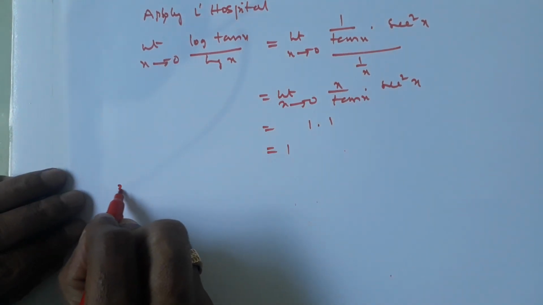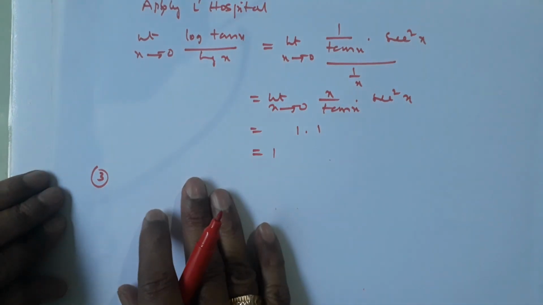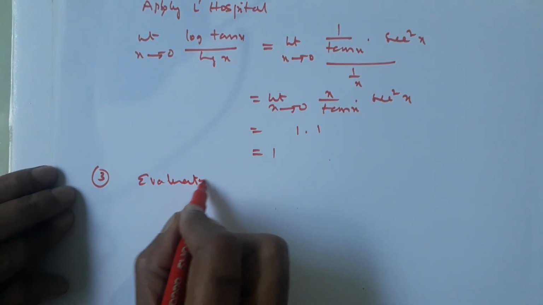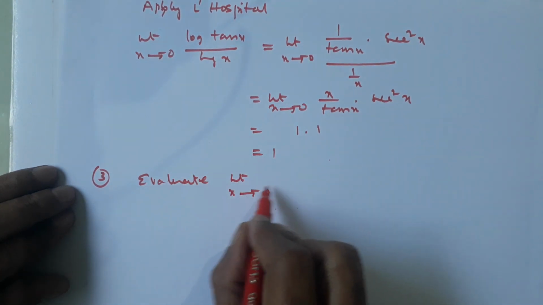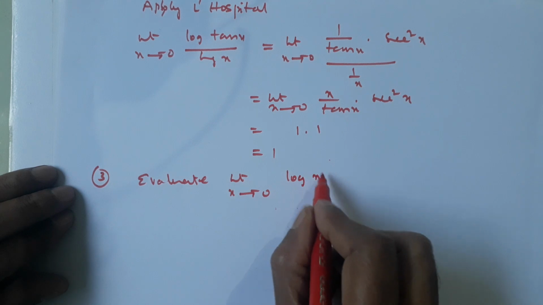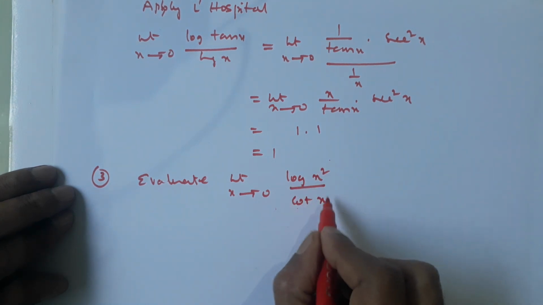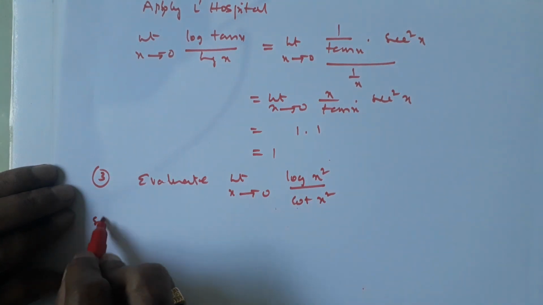Next, third problem. Evaluate limit x tends to 0 log x square divided by cot x square. Solution.